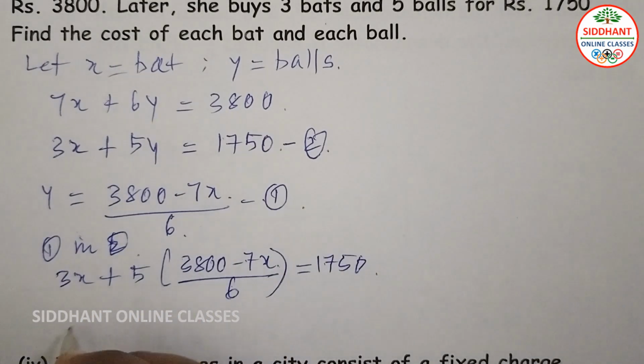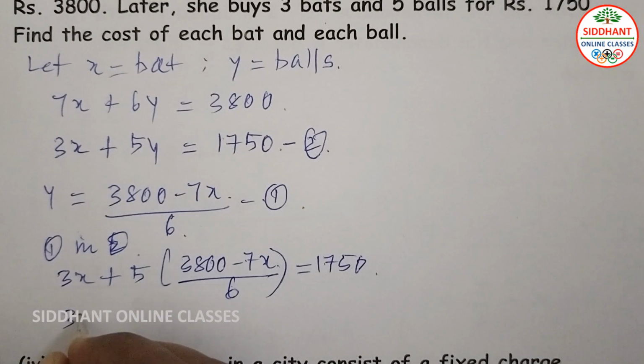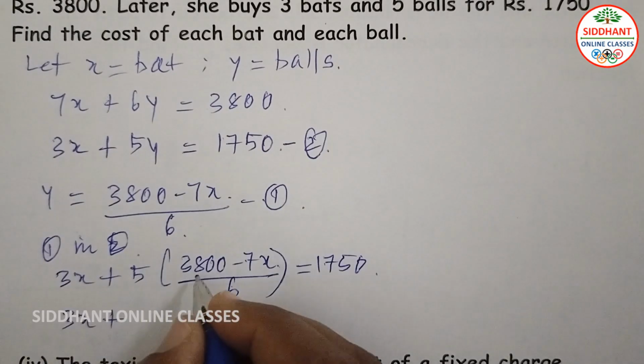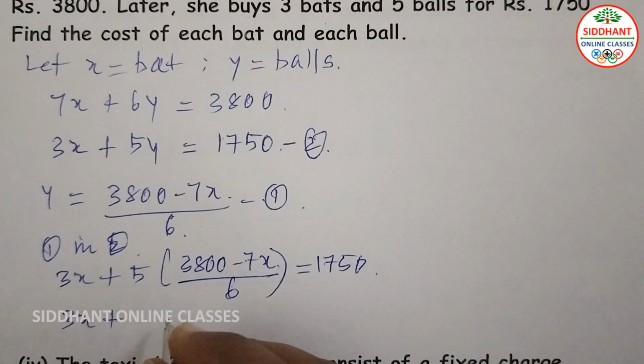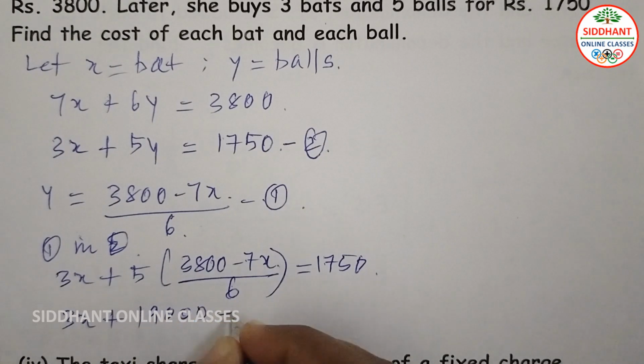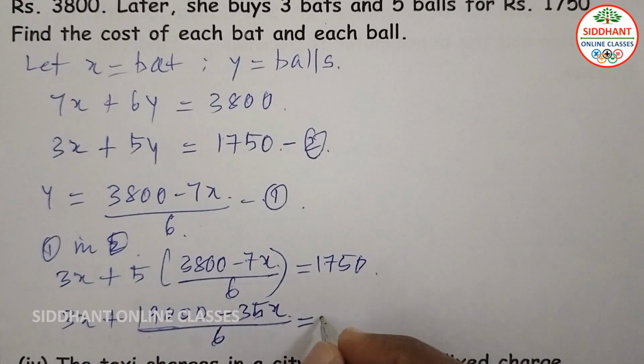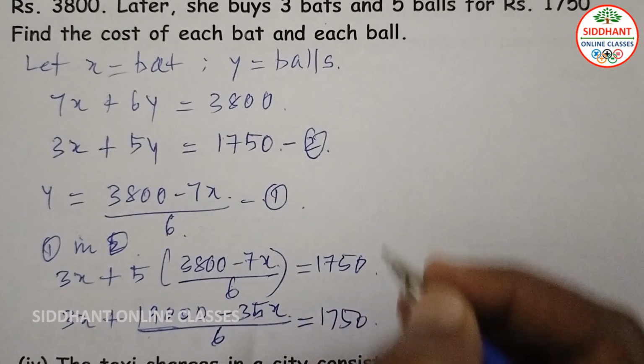So now 3x plus 5 into 3800, which will become 19,000 minus 5 into 7, which is 35x, by 6, that equal to 1750.